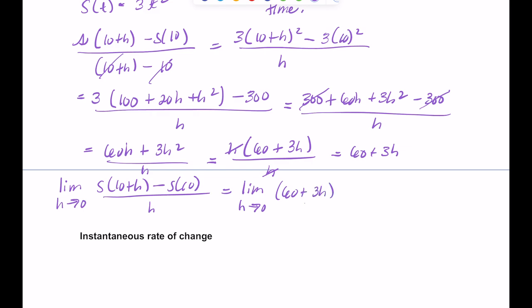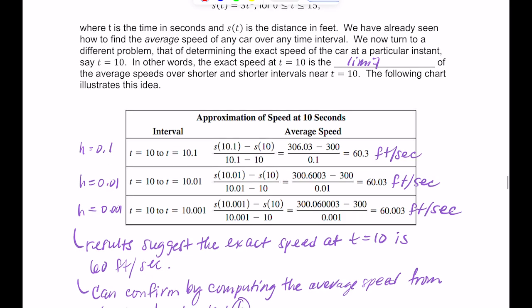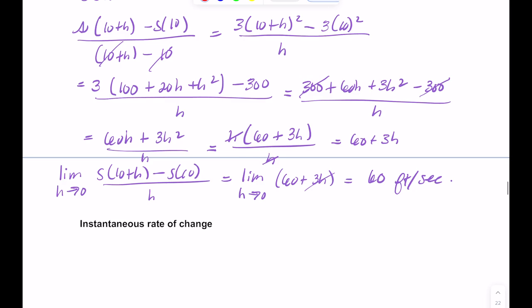And if we plug in 0, that term goes away and we're left with 60 feet per second. So h approaching 0 represents the time interval getting shorter and shorter. We can see in our table, h is approaching 0 as I go from top to bottom. So the exact speed at 10 seconds is the limit as h approaches 0 of the average speed over the interval from 10 to 10 plus h.